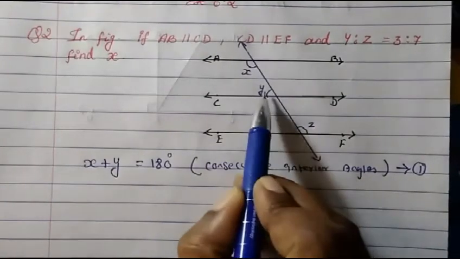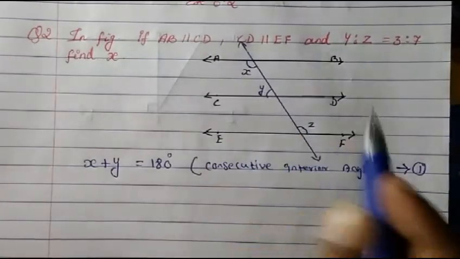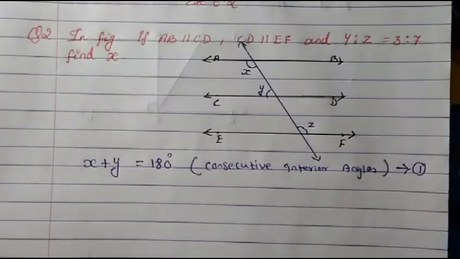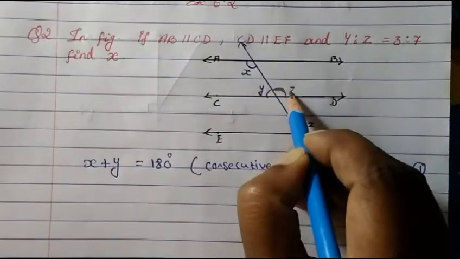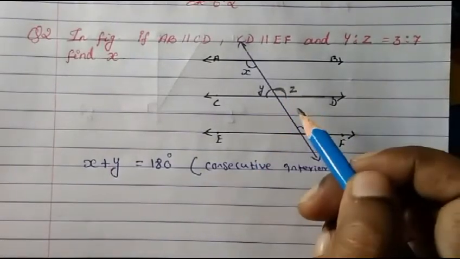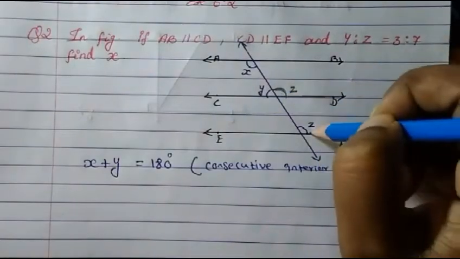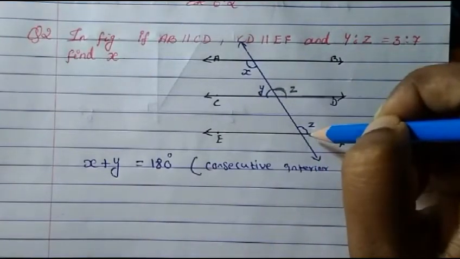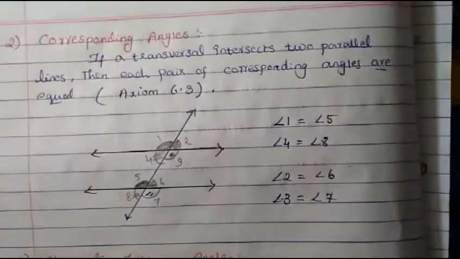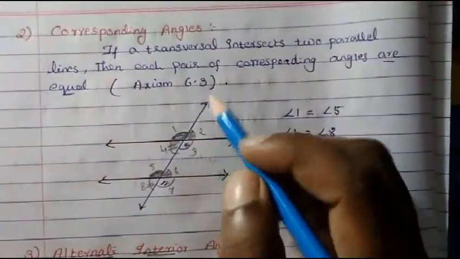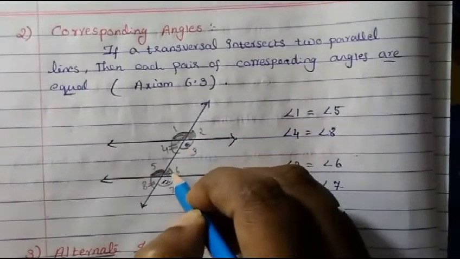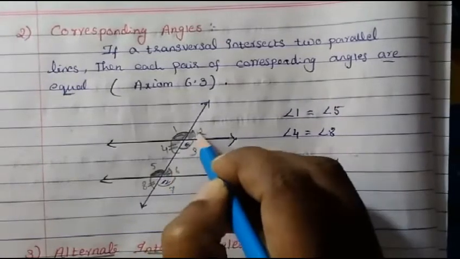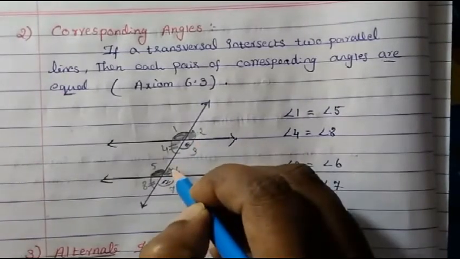Now next, you can see here y we have, here z we have. Can we tell this angle also can be z, because these two angles are corresponding angles. In the introduction I explained what corresponding angles are. When you take this angle, then leave one angle, the next angle will be corresponding, and corresponding angles are equal to each other.